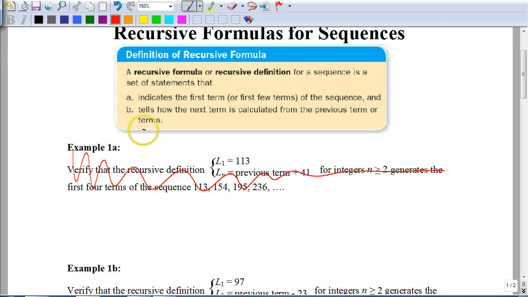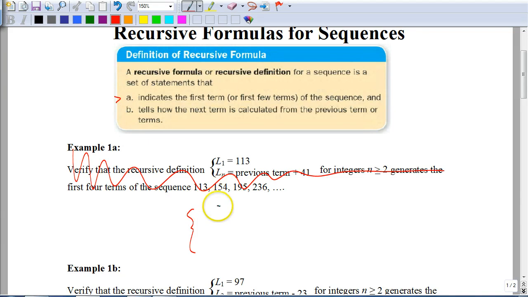The first thing we always start out with in a recursive formula is this funky bracket. Okay, that's what we'll refer to it as. Now, within this funky bracket, there's going to be two rows. The first row, what we're talking about here in part A, indicates the first term or first few terms of the sequence.